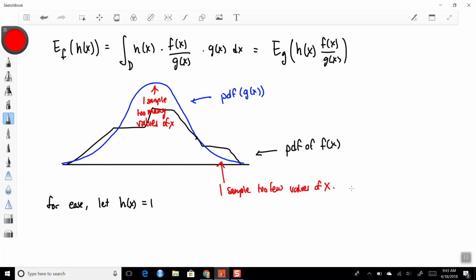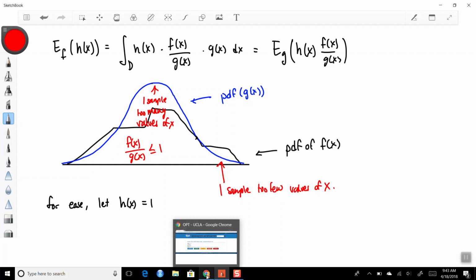But here my ratio, f of x divided by g of x, is going to be less than 1. So the values that get sampled here get weighed less. And maybe I'll use a different color over here.